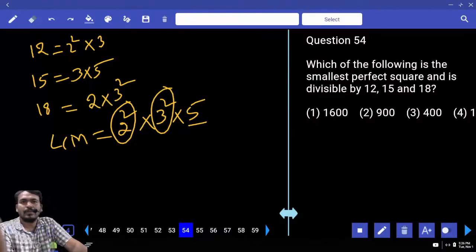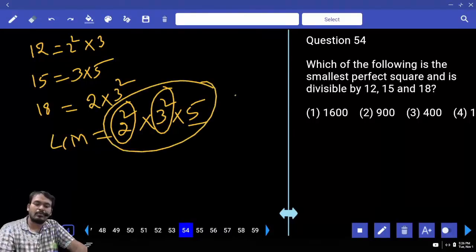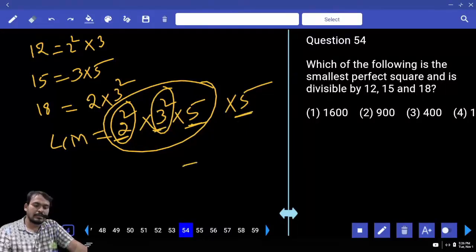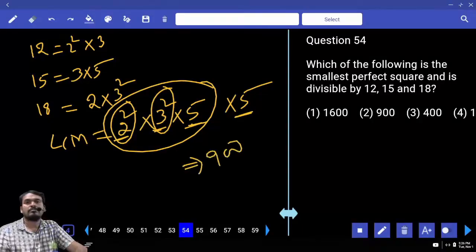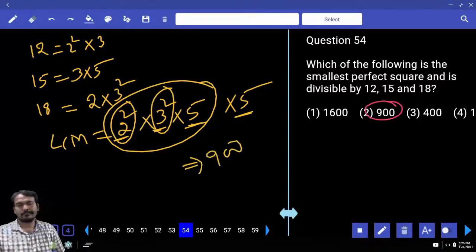So the entire number is multiplied by 5. 2 square is 4, 4 fives are 20, into 9 is 180, into 5 times is 900. The LCM is 180, and its multiple gives the answer.